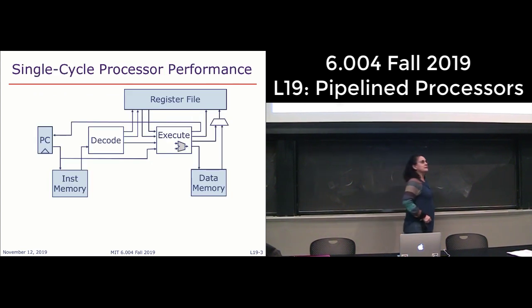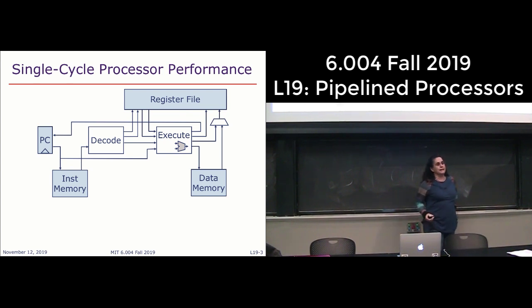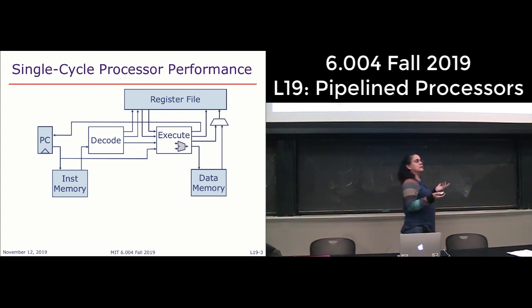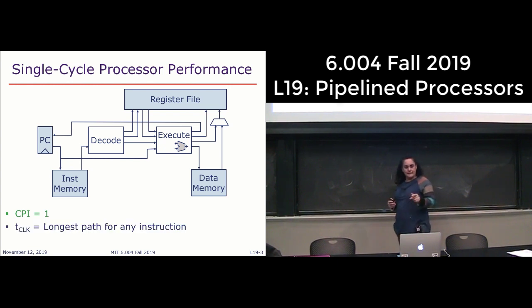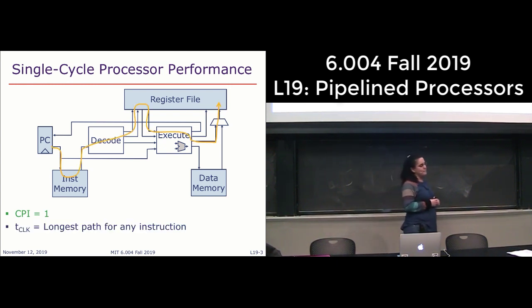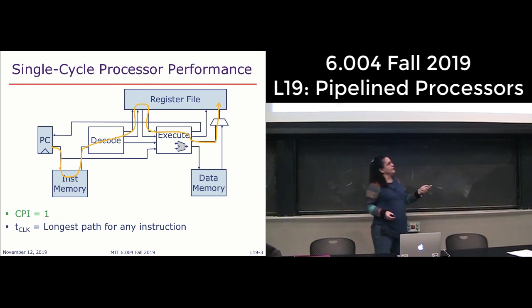Okay, so let's quickly review what has to happen in a single cycle in our machine. A typical ALU instruction would follow a path that looks something like this. This yellow line shows that the first thing that happens is that we get the address of the next instruction from our program counter.